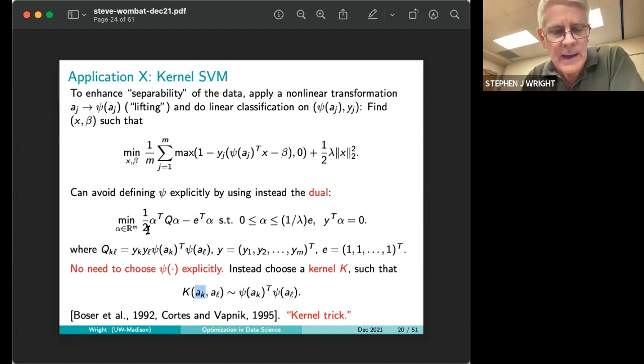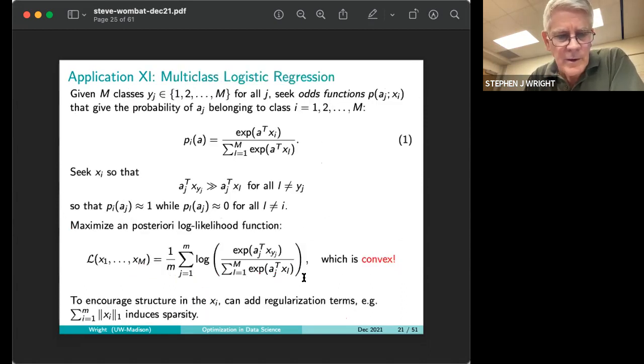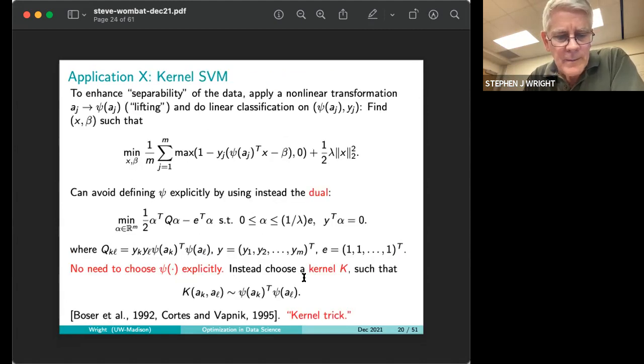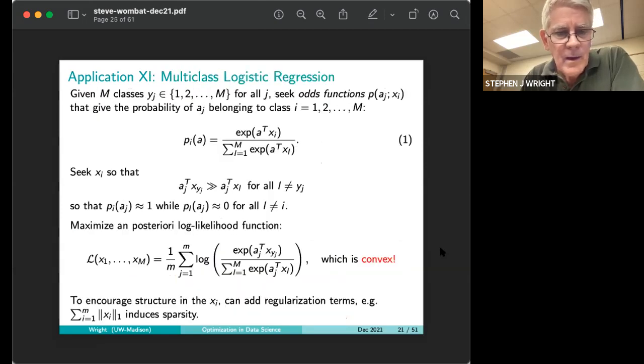I'm not going to go into that. But anyway, this was a really neat use of convex optimization duality theory in a classification setting that was invented by people in the machine learning community. And before deep learning came along, kernel SVM was the way to go. It was the dominant technology until the last maybe 8 or 10 years.